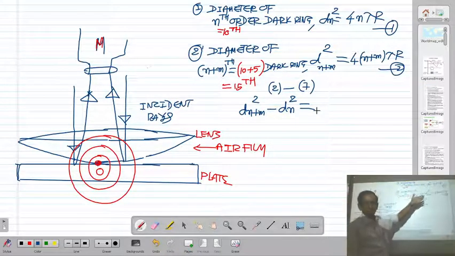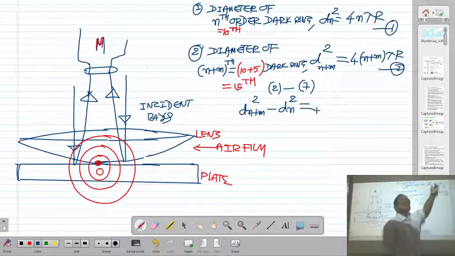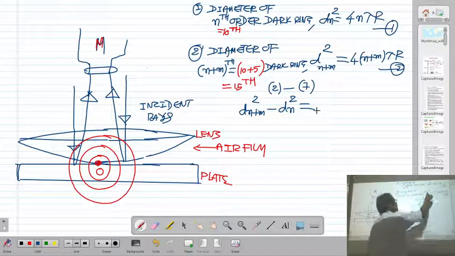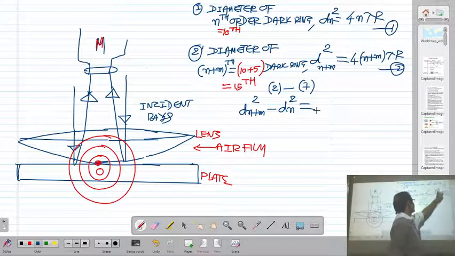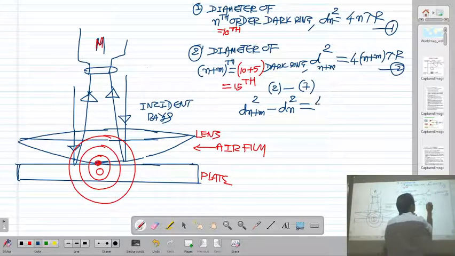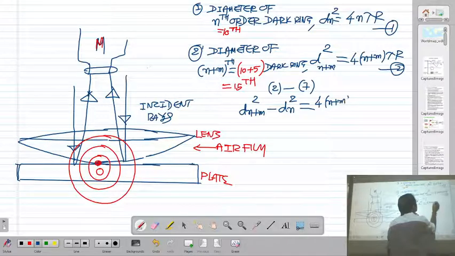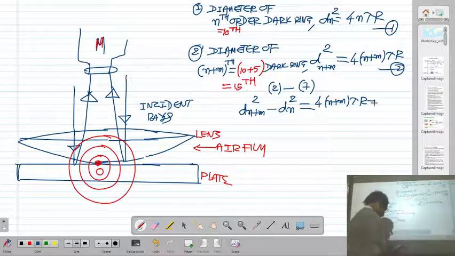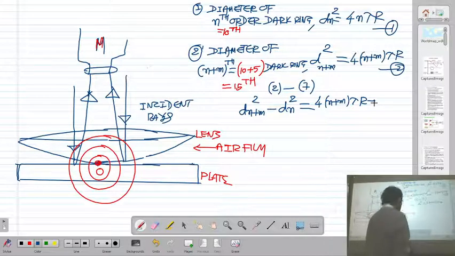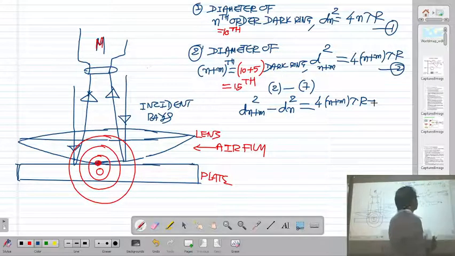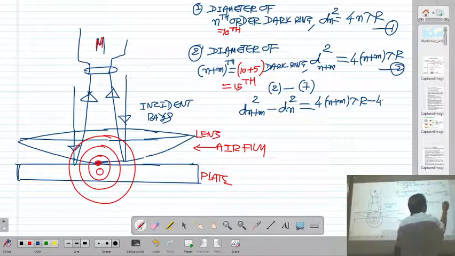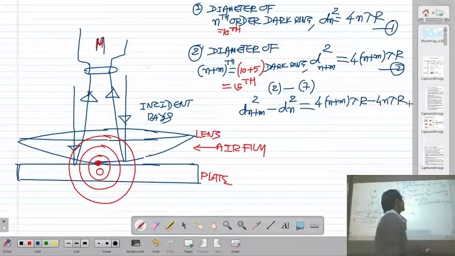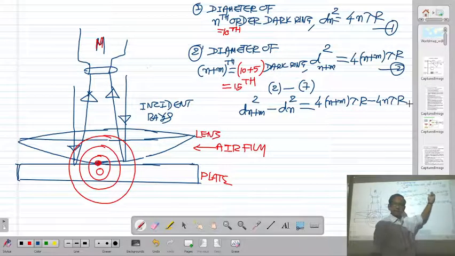So D n plus m square is 4 times n plus m lambda r, minus Dn square, which is 4n lambda r.